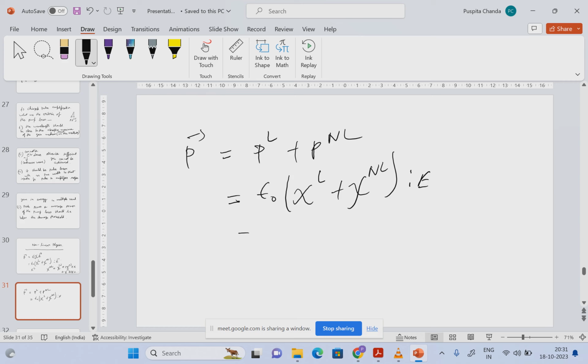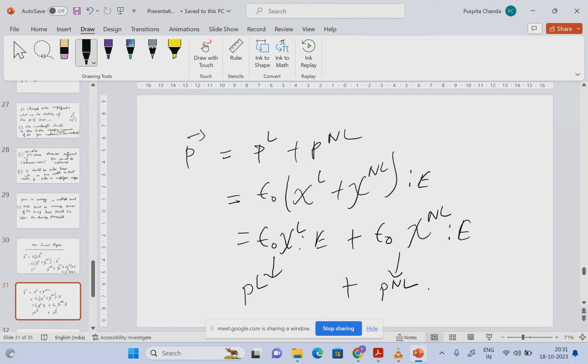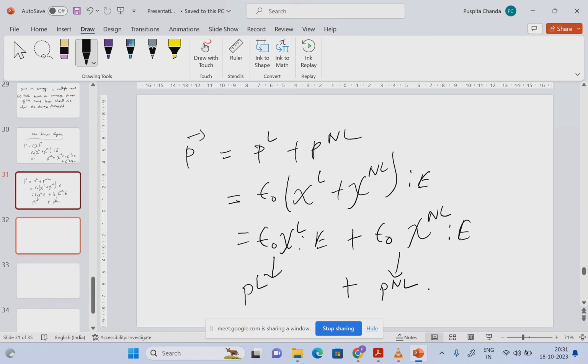This is chi non-linear into E. This is P linear part. This is P non-linear part.